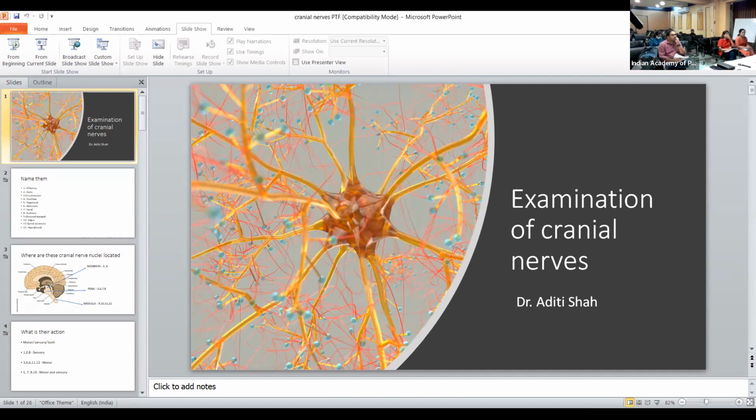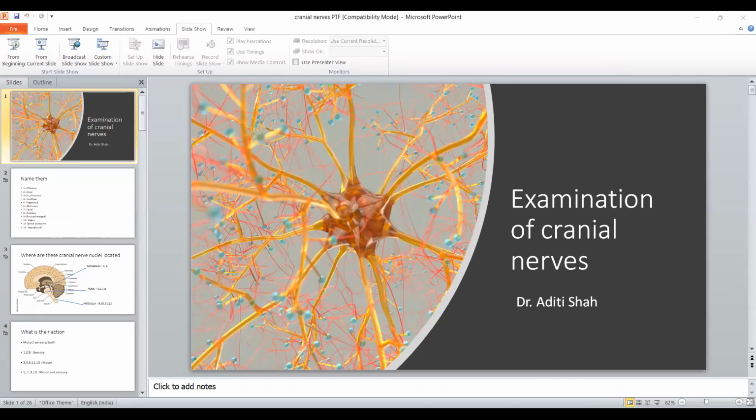Can someone tell me what are the cranial nerve nuclei present in the midbrain? Anyone? Midbrain? Yes. Third and fourth. Absolutely perfect. Thank you very much for answering. Third and fourth.